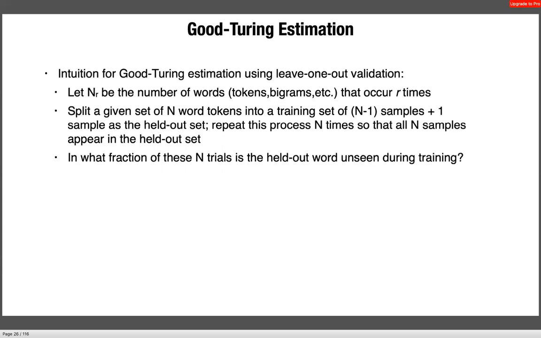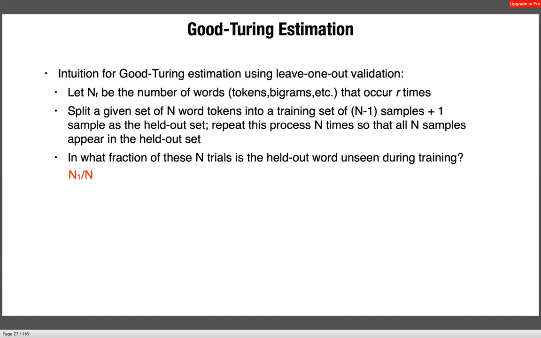Now here's the first question. In what fraction of these N trials is the held out word unseen during training? I'm just going to give you the answer, but when you're watching this lecture, take a few minutes to think about this on your own before you look at the answer. The answer is N1 by N, because I'm asking about the fraction. There are N trials.